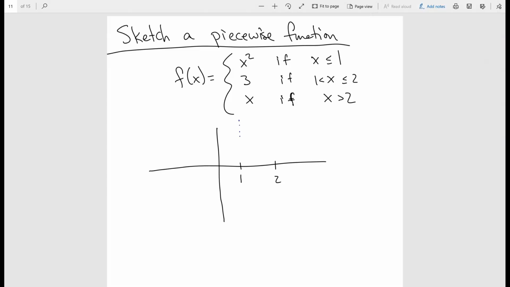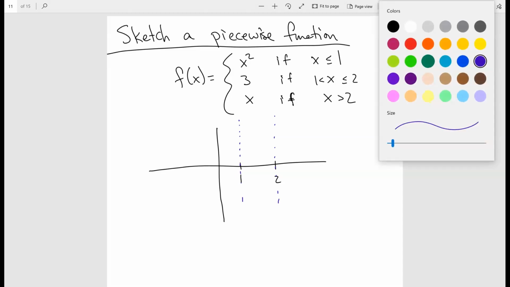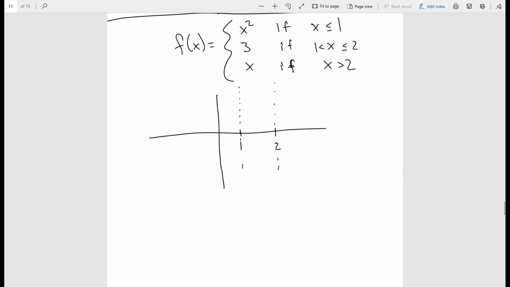You have a world here, a world in the middle, and a world on the outside. So now you have to think about a couple of things. What I like to do first is draw the endpoints.